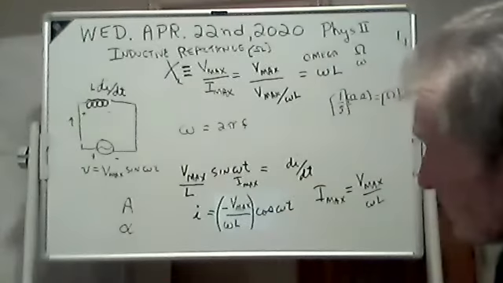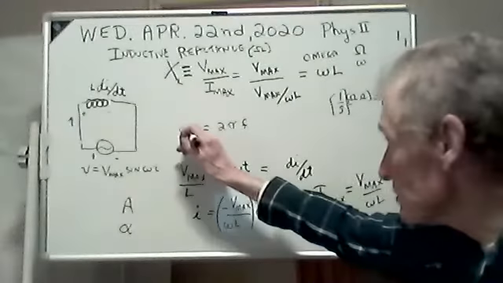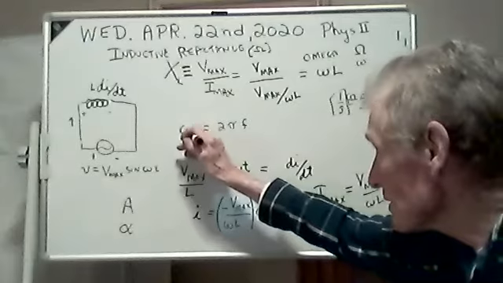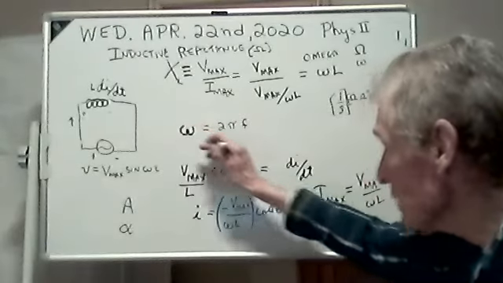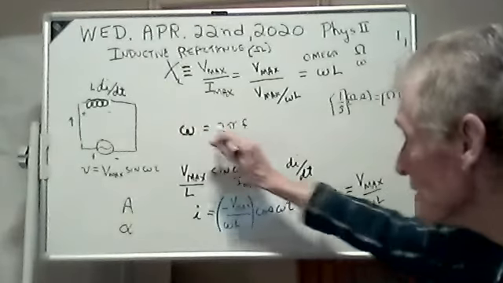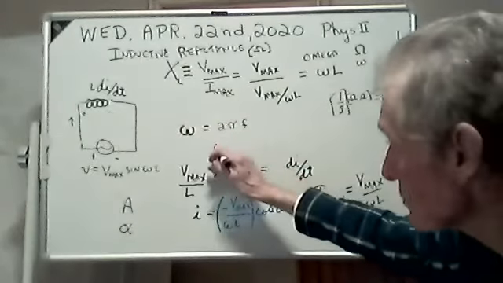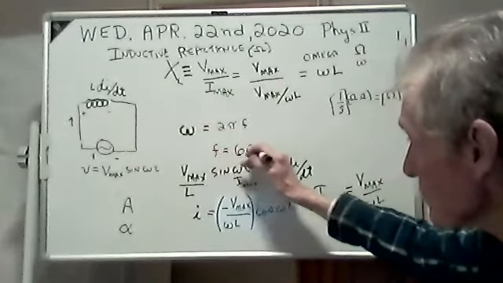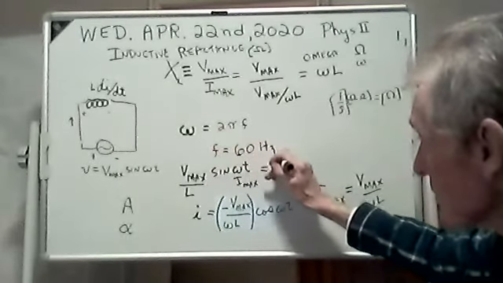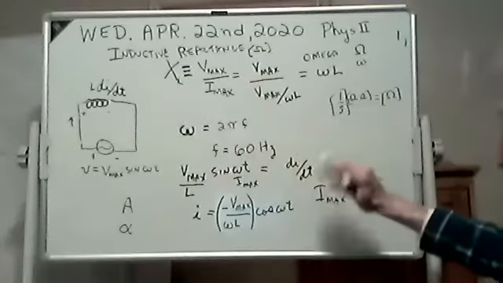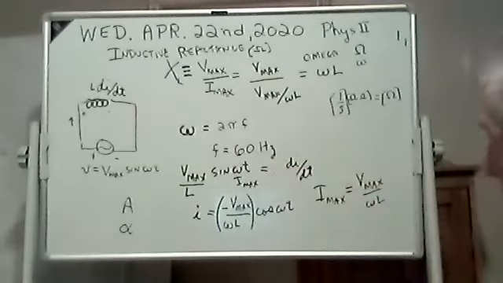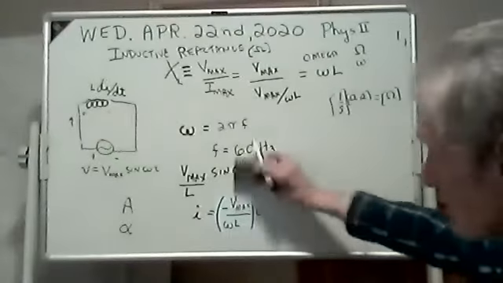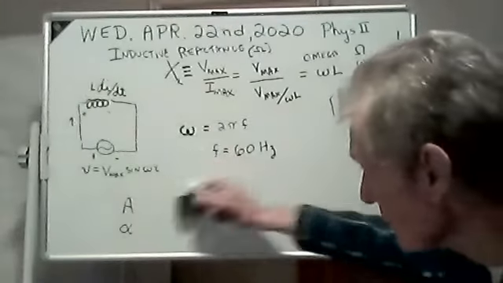Omega is 2 pi times the frequency. I think this pen is starting to get weaker here. Now the frequency, that's the 60 hertz. The frequency is 60 hertz, which is a fancy name for, back when I was in school, they didn't call it hertz, they called it cycles per second.